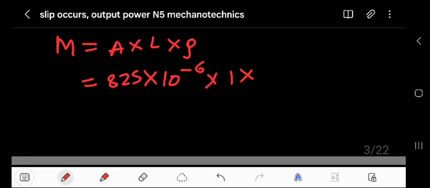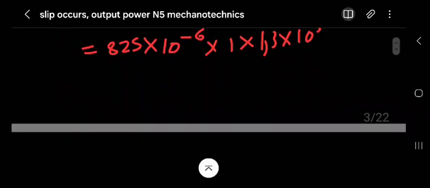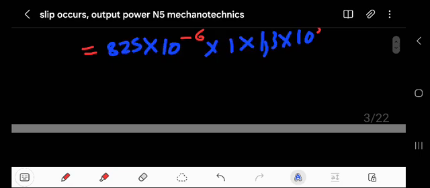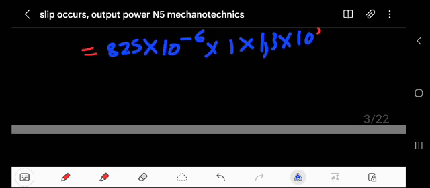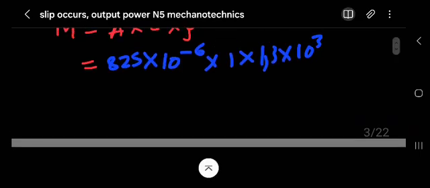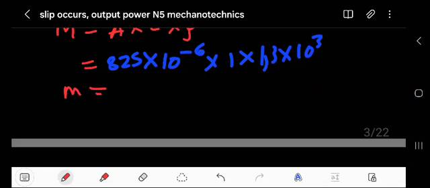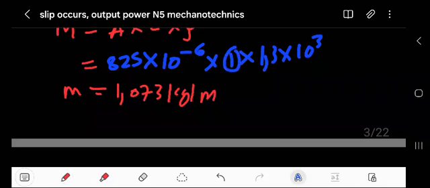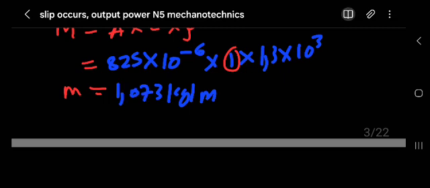Then the density, it was this. So it's a matter of punching, and we'll find that our mass will be 1.073 kg per meter, because we use that as a meter. I've discussed these already.